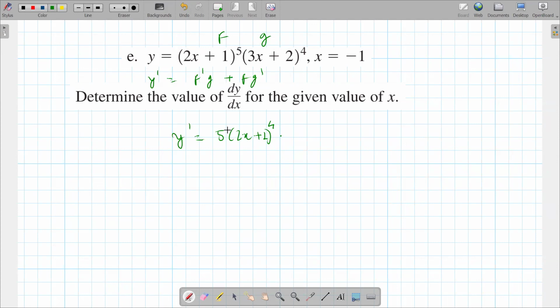So what's the derivative of the bracket? What's the derivative of 2x plus 1? 2. So we multiply this with a 2. That's the chain rule. So this entire thing is f prime.